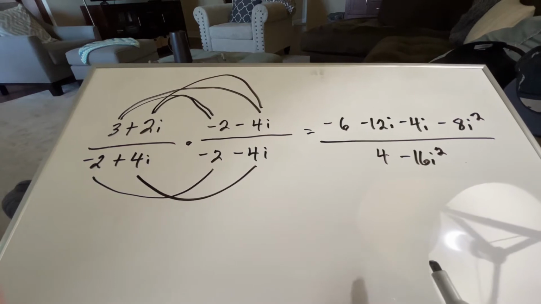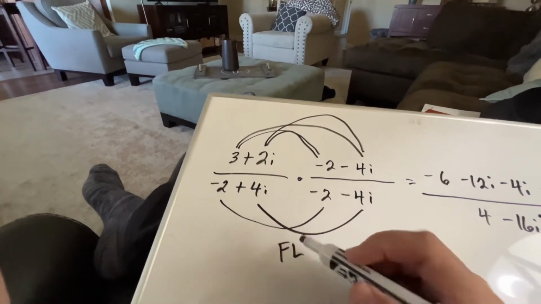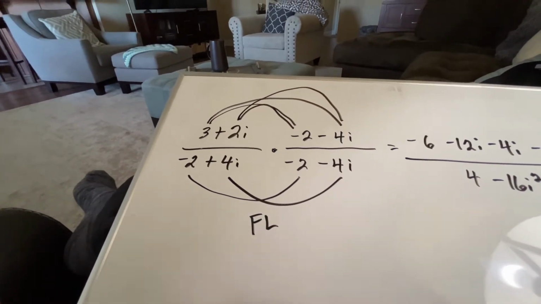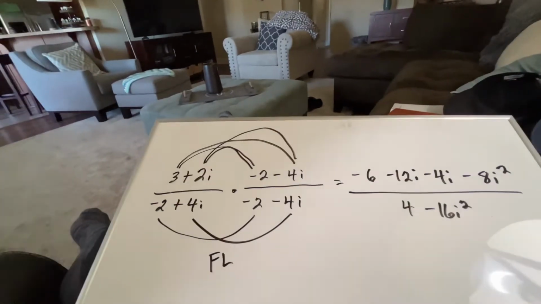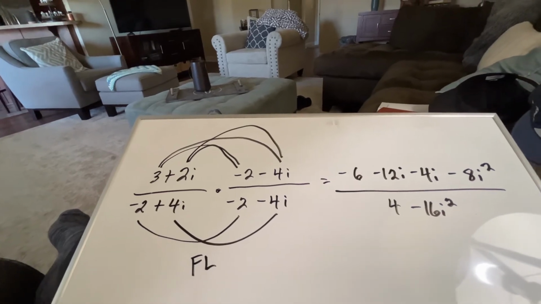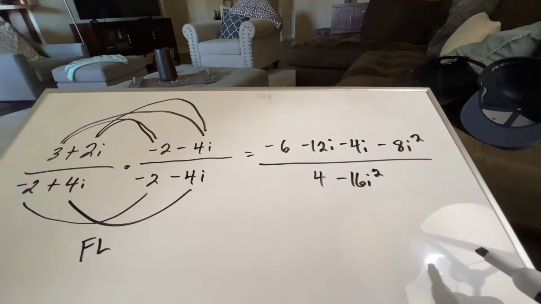We only have to do the first and last terms if they're conjugates, and these are. On the top, we had to do the whole thing because they're not conjugates. But on the bottom, we just do the first and the last because the outer and inner terms are going to cancel out.